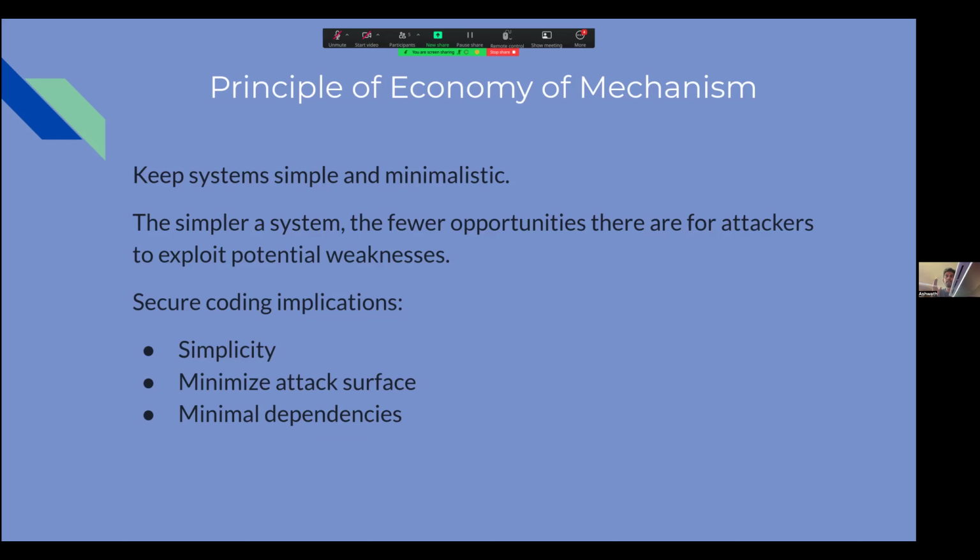So keep things simple and neat. Don't overcomplicate the program or the system. Try to minimize the attack surface. Try to minimize the dependencies. So this is the overview of economy of mechanism.